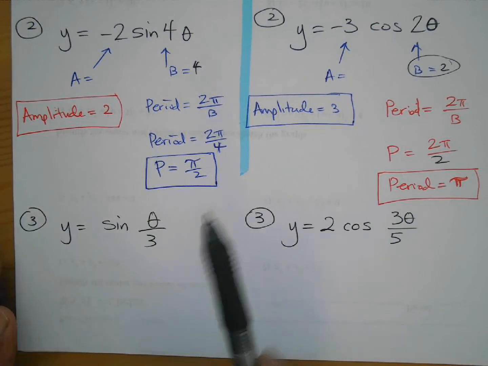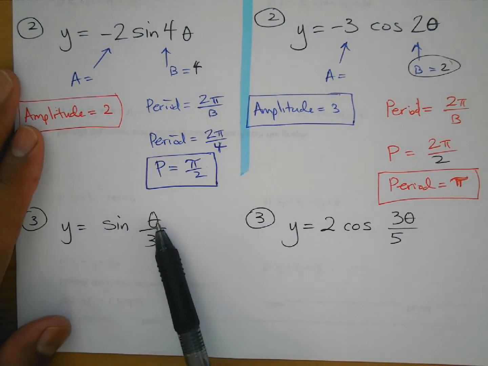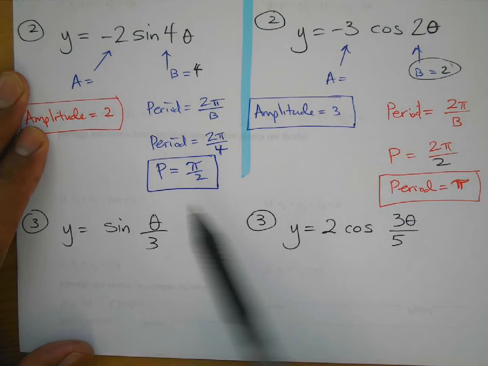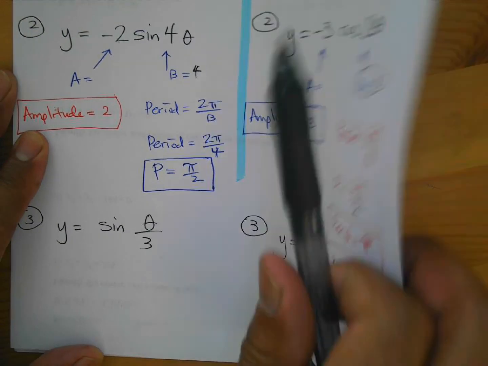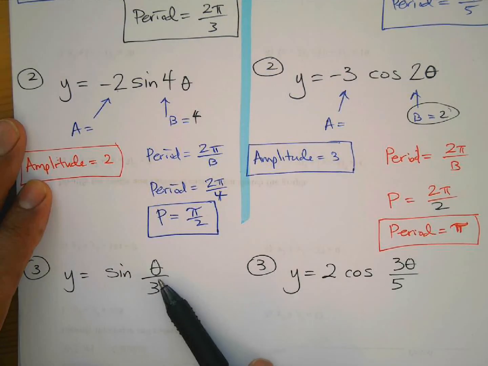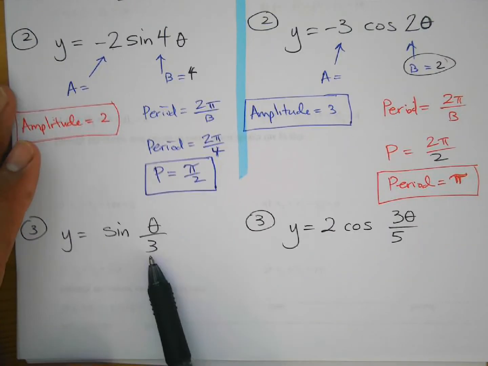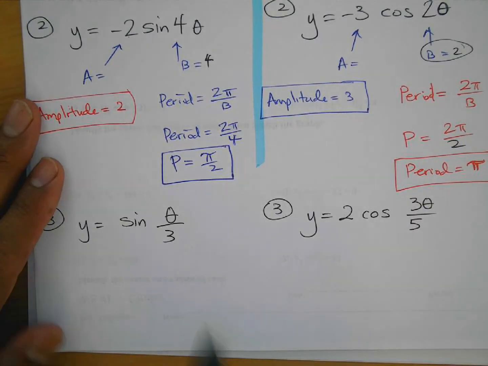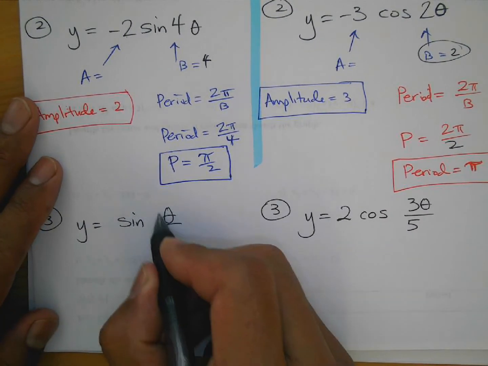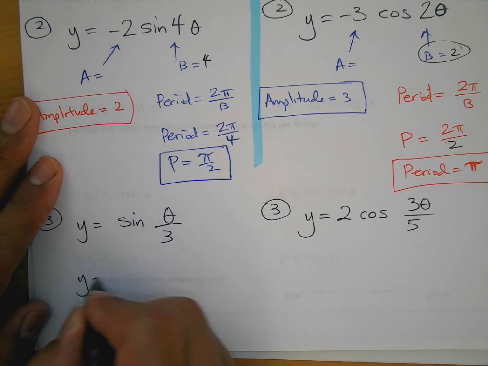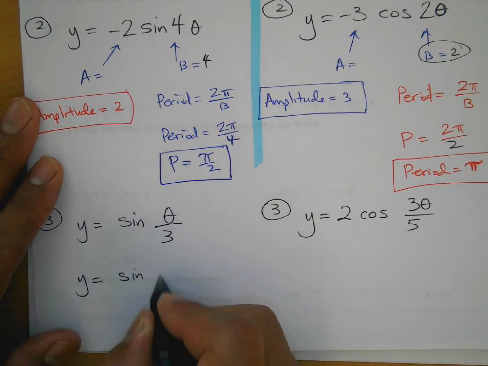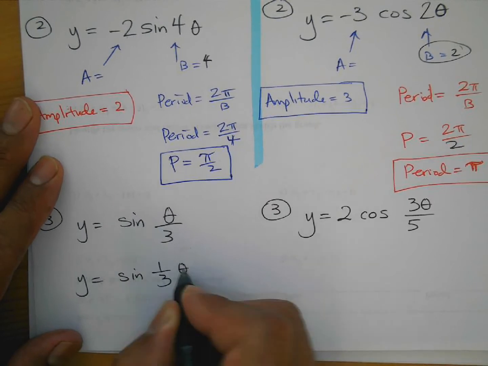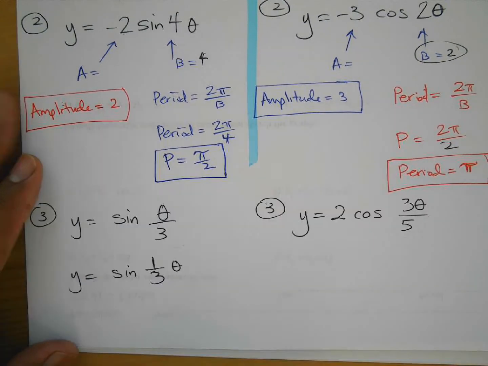Well, remember it can be an x or it can be this theta, this little angle symbol here. If you see it like this and you don't see it off to the side, you might want to rewrite this. I hope you understand that there's a 1 right here. So really this is y is equal to sine of 1/3 theta, but they just kind of put it up here, right?